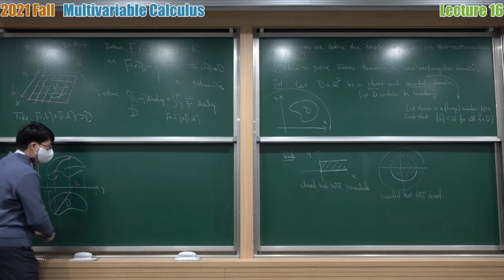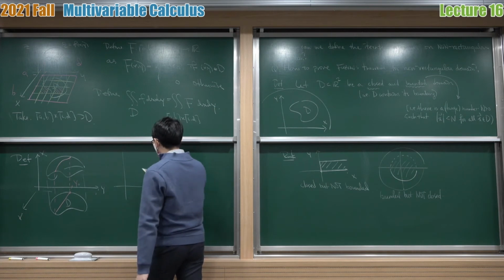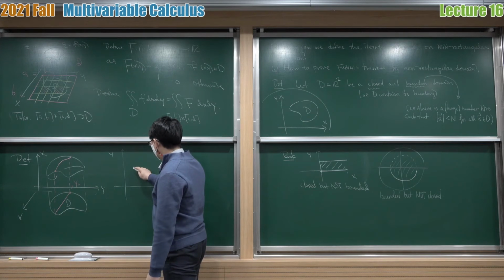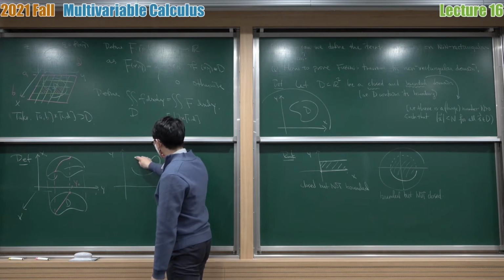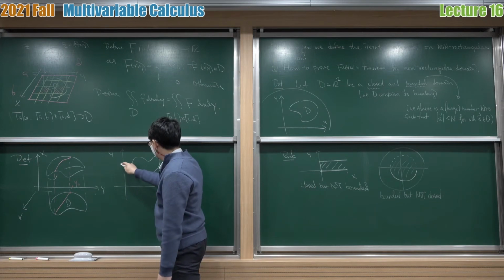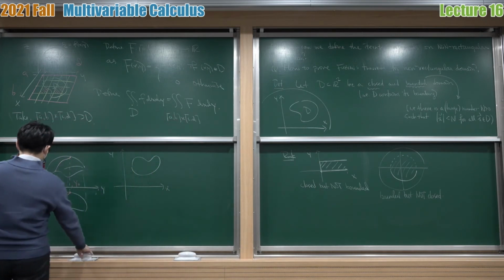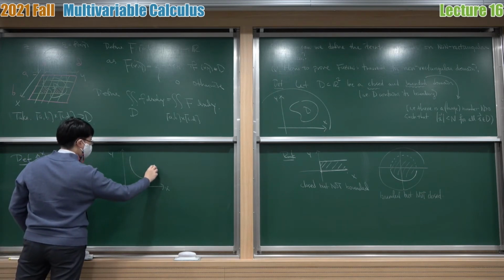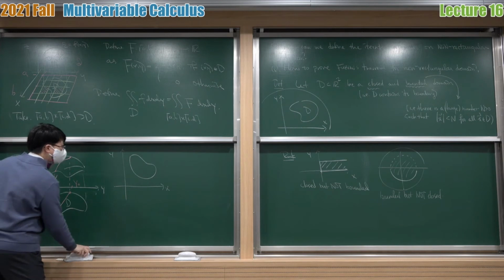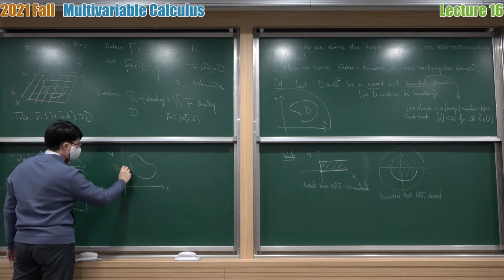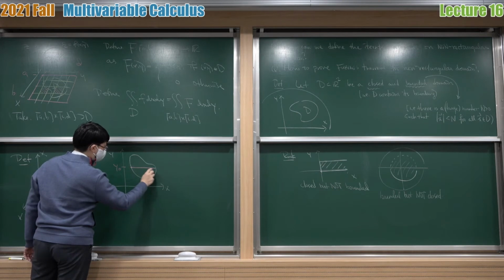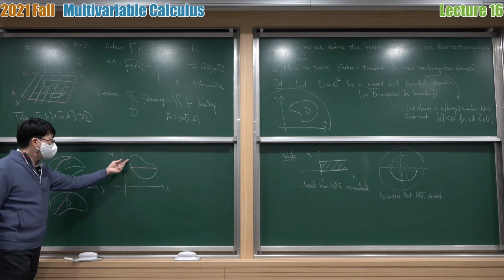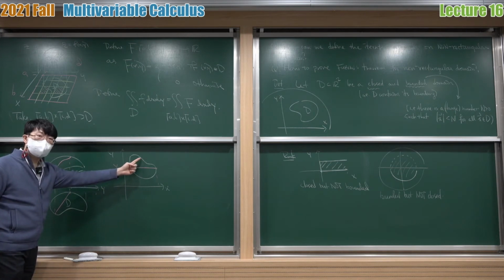So let me graph that in a two-dimensional situation here. So maybe I should make it something like this. Okay. So if I fix y0 here, then x can range from here to here. If I pick another point of y, then the range of x also changes, right?